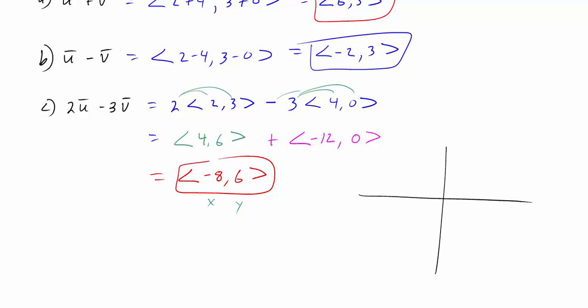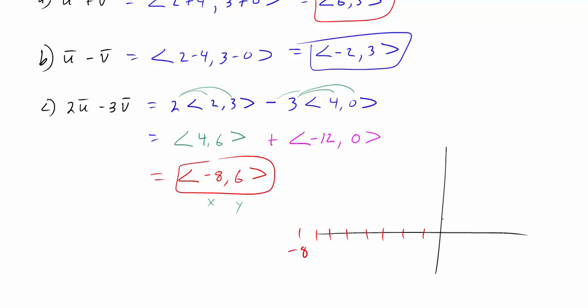So what that would mean, from a graphic standpoint, if we were to add these 2 vectors together, we would then go 6 units, draw this a little bit different here. Our x is negative 8, so that means we would go negative 8, 1, 2, 3, 4, 5, 6, 7, 8.